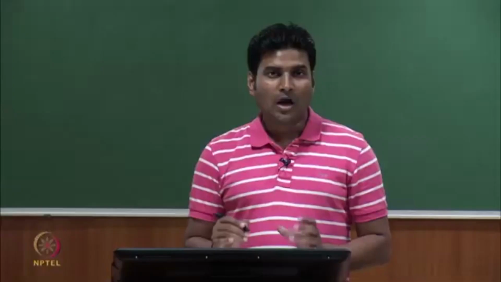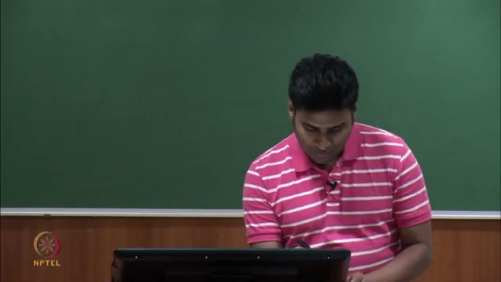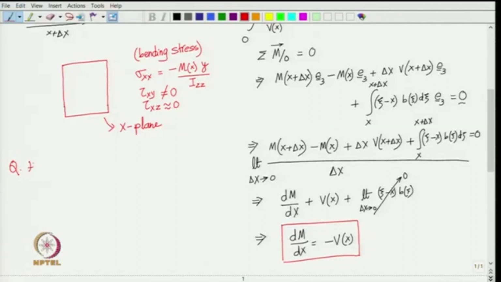Now, the question is how tau xy is varying in the cross section. So, that is the question, how the shear component of traction, which is tau yx, but that is also equal to tau xy, varies in the cross section.